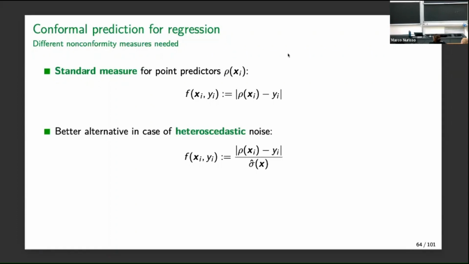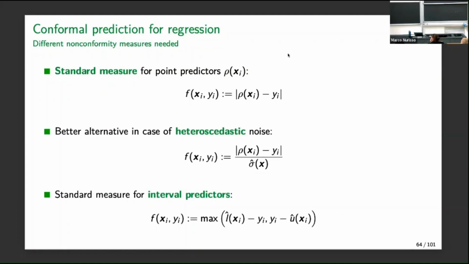And then for methods that already have a prediction interval, there's a specific nonconformity score in the literature, which is this operator, where we take the difference between the lower bound of the interval and my true label y, and then between y and the upper bound. So actually only one of these two can be positive.